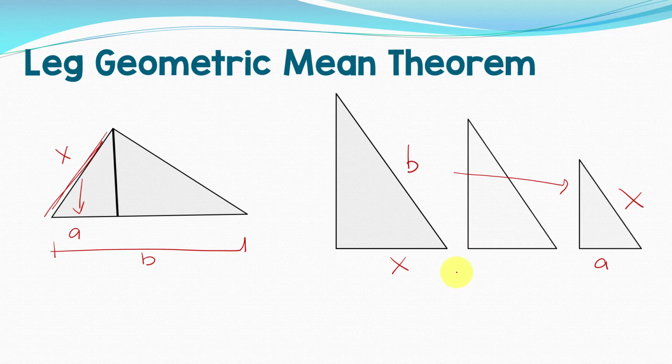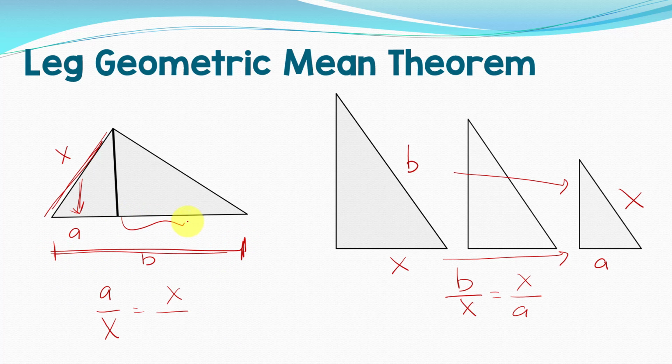So now we're using the big triangle and the small triangle. Set up a proportion. B is to x as x is to A. And again, the geometric mean always shows up twice in your proportion. So I'm going to come over here and I'm going to say geometric mean is x. Write it twice. It is the geometric mean between the side it's with. And here's where we got to remember, it's not this amount like the other one, it's the whole length.